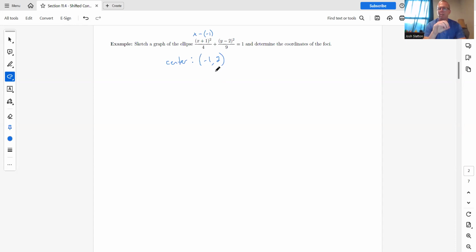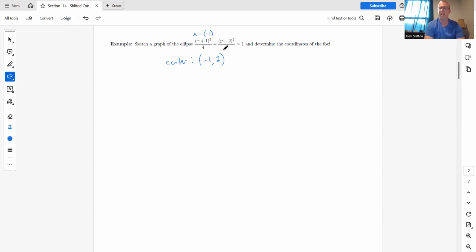Then you can find the vertex or the vertices as if it was centered at the origin, and then you can figure out how you've moved and fix those as you would. This will be vertically stretched, so recall on the ellipse, whichever the bigger number is under, that's the way it's stretched.